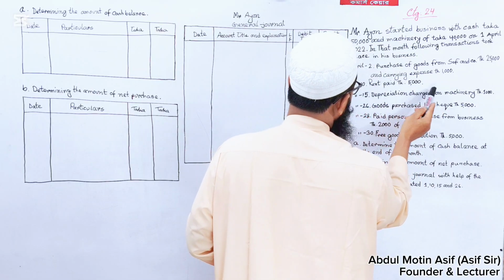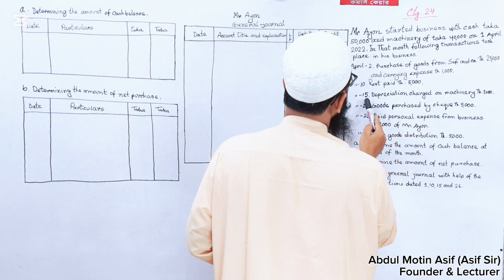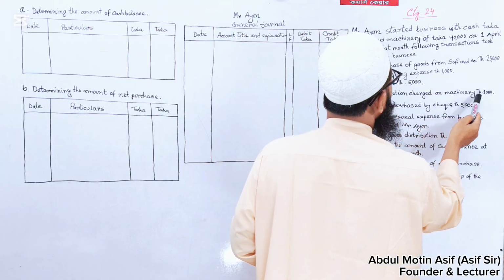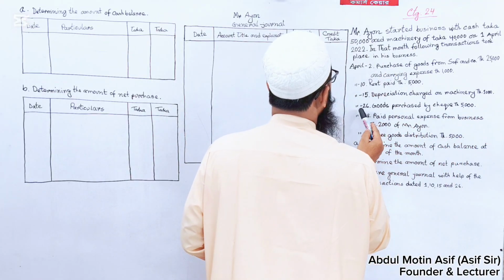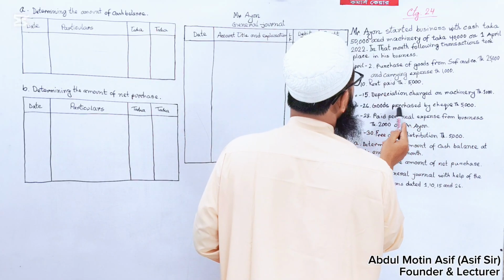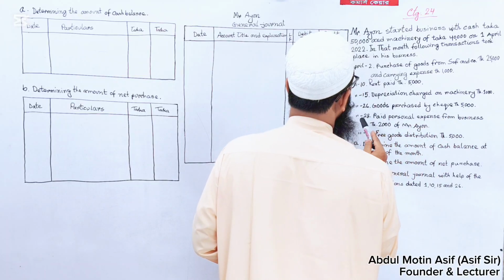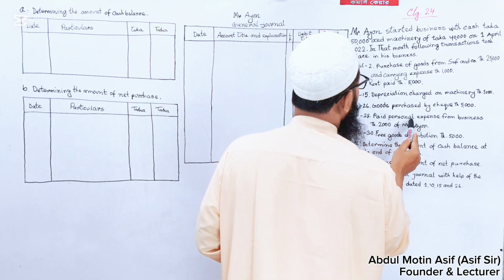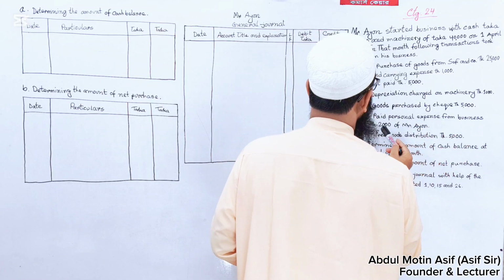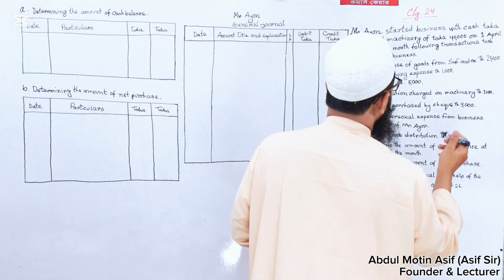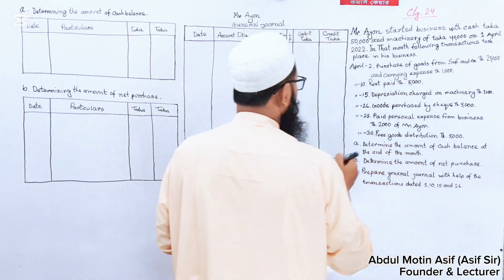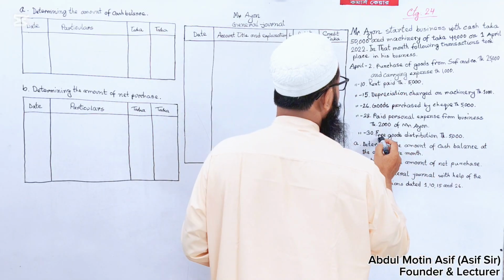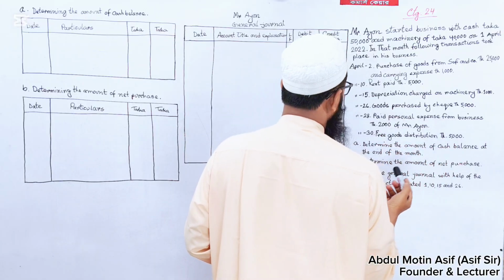April 10, rent paid taka 5,000. April 15, depreciation charge on machinery taka 1,000. April 26, goods purchased by check taka 5,000. April 28, paid personal expense from business 2,000 of Mr. Oyon. April 30, free goods distribution taka 5,000.